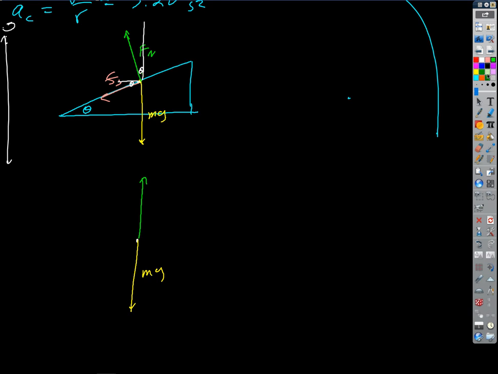And what we're really going to do is break this up into a vertical component and a horizontal component that are at right angles, right? So we get normal force times cosine theta, right? And then we're going to get another component towards the center, which is going to be normal force sine theta, right?